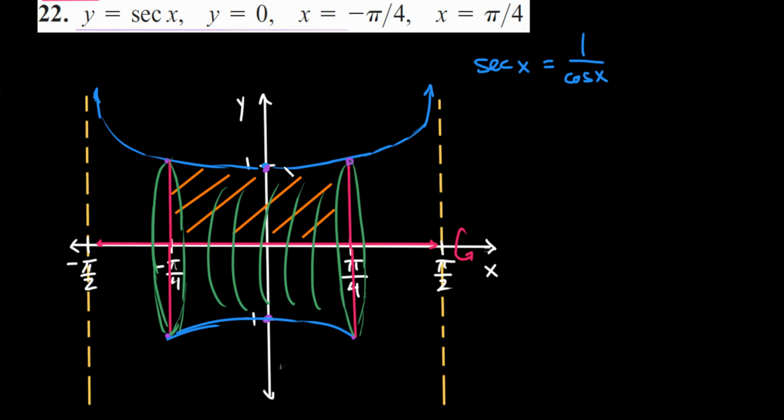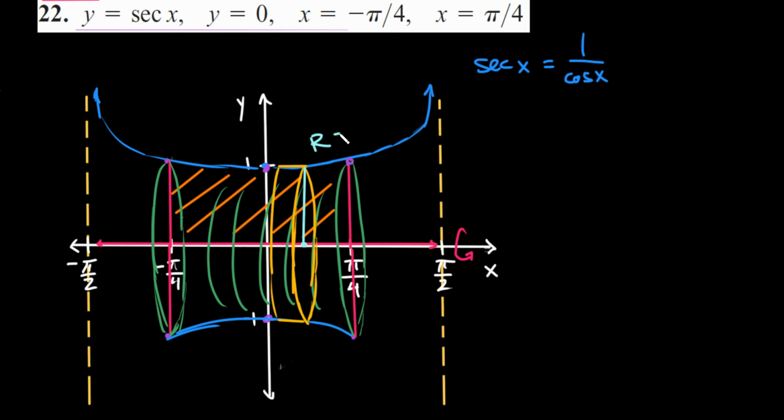So here we'll just take one representative disk. And we see that this disk has a center on the x-axis, and it has a radius that is bounded by the height of the secant of x curve above it, right? And so it has a radius r, but for any given disk within this solid, imagine moving it along the x-axis.